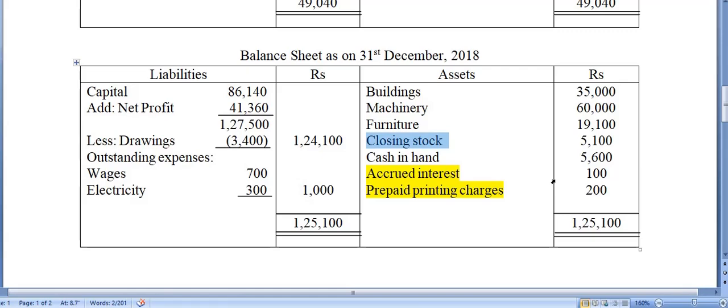Outstanding expenses are actually a liability. You are supposed to make the payment, but you haven't made any payment yet.